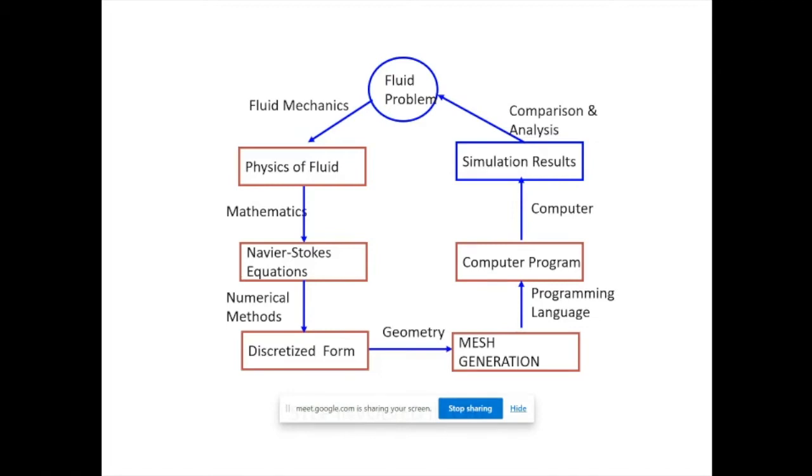Once we have the confidence, then only we can use this tool as an independent tool for designing the profiles. But first we need to validate our basic CFD result with the experimental values. That is the prerequisite of the CFD tool.